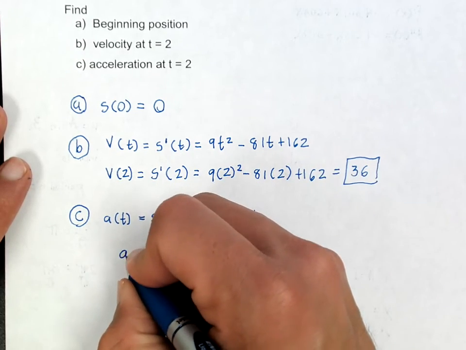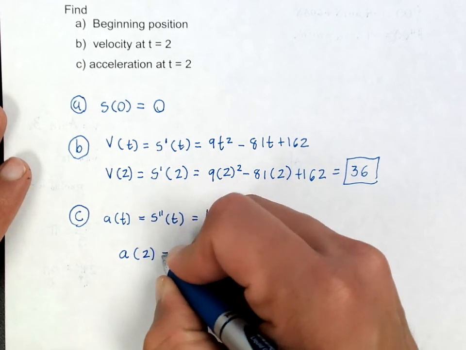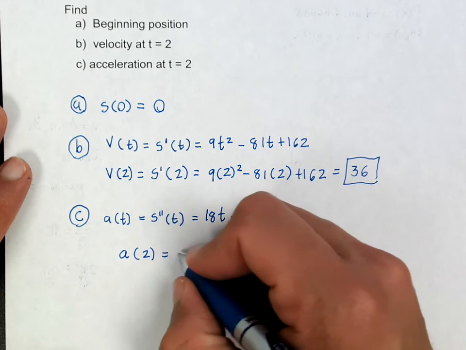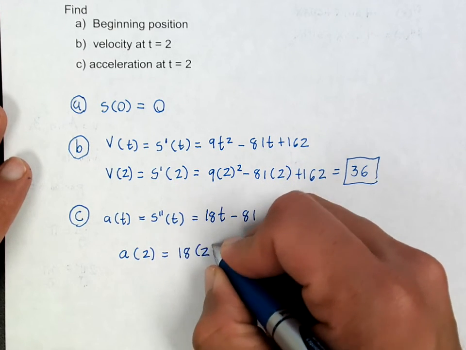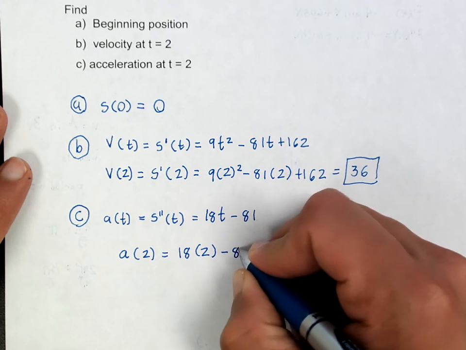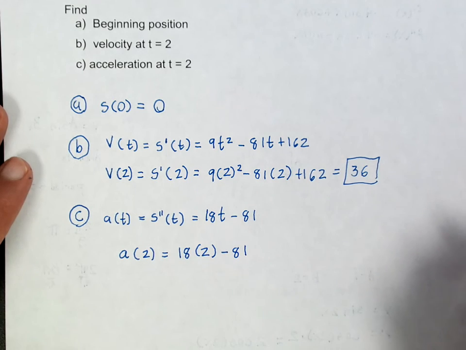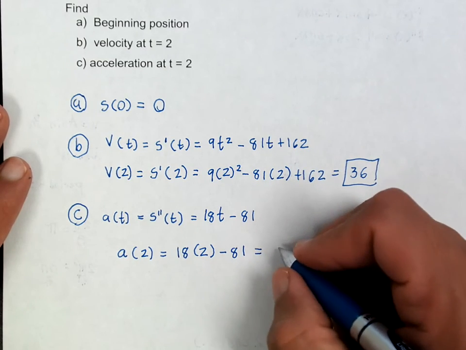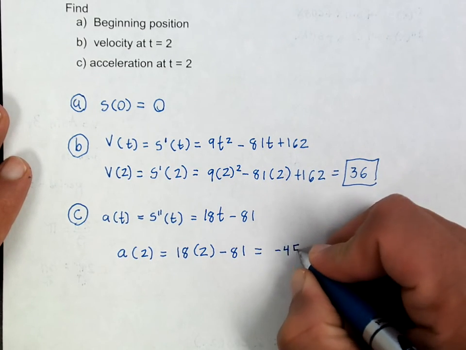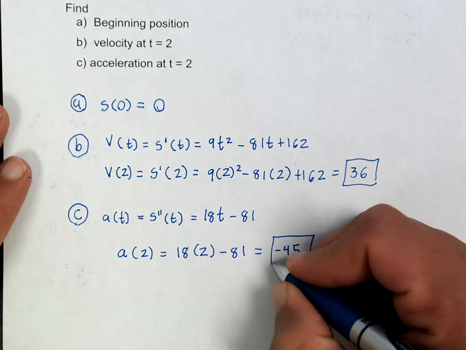And now I'm just going to plug in a 2 into the acceleration equation to figure out the instantaneous acceleration. I'm not sure that's a term, but I'm going to try to find the acceleration, the rate of change at t is equal to 2, which in this case is 45.